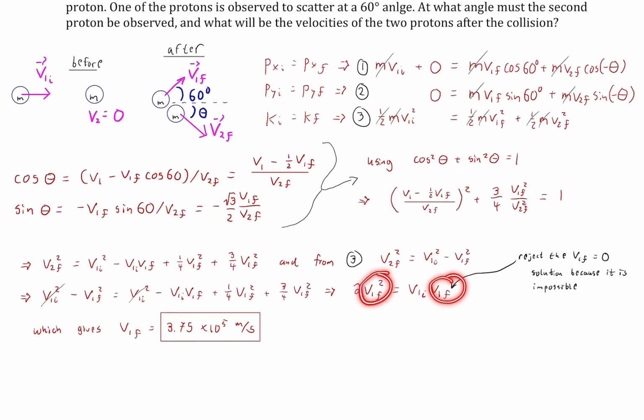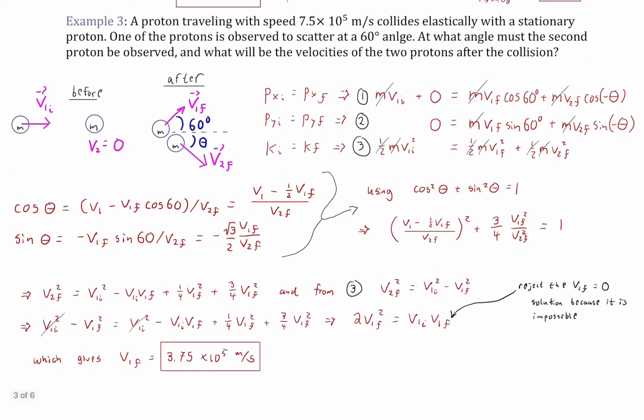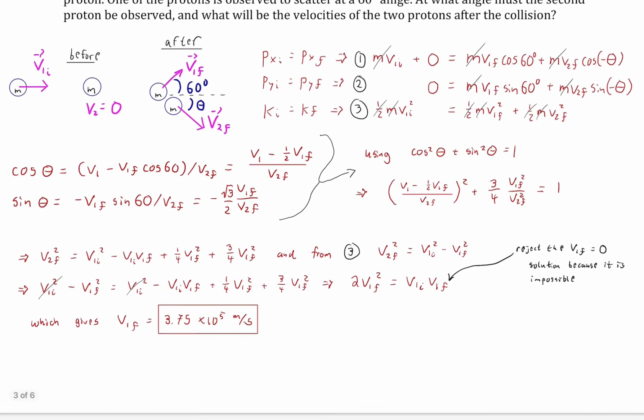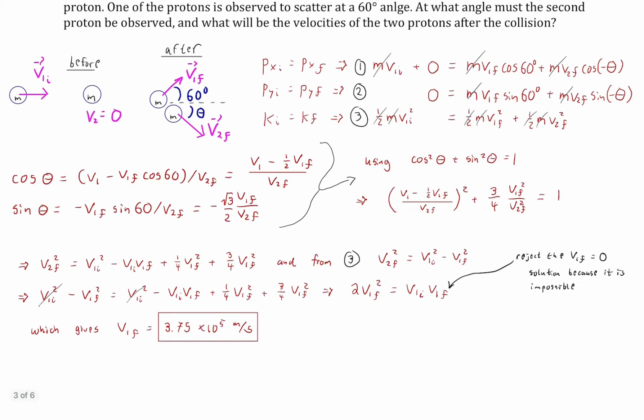I'm saying it's like the quadratic because I got a squared term and a linear term, and V1 initial is known. I've forgotten now, but we know it's 750,000 meters per second, or 7.5 times 10 to the 5 meters per second. So then we just go ahead and solve for it. Solving this is quite easy, and we get that it's 3.75 times 10 to the 5 meters per second, or 375,000 meters per second. That is our final velocity for proton 1.